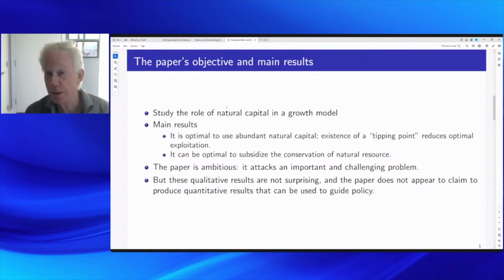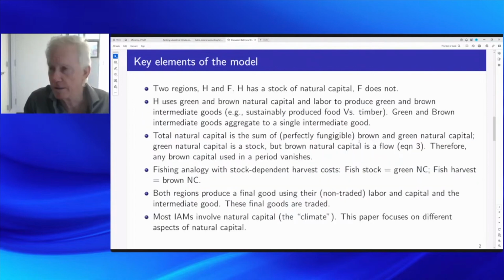This is an ambitious paper, and I think it provides a platform for thinking about natural capital in a growth setting, and I expect more to come out of it in the future. So I'm going to talk a bit about some of the aspects of the model that struck me.